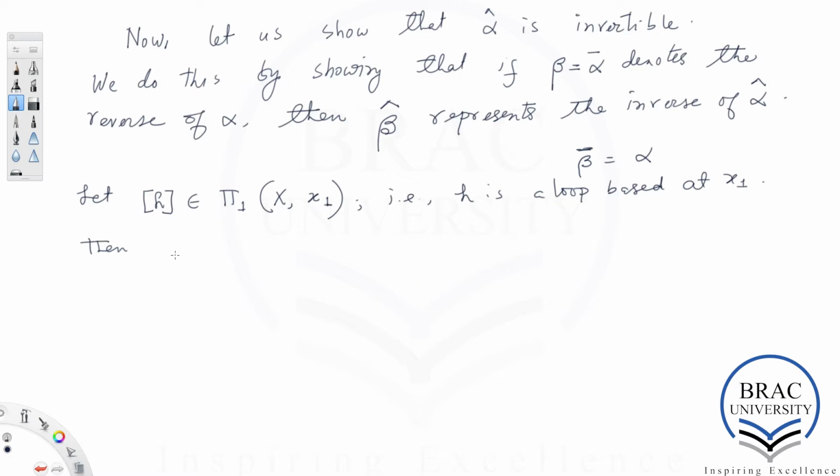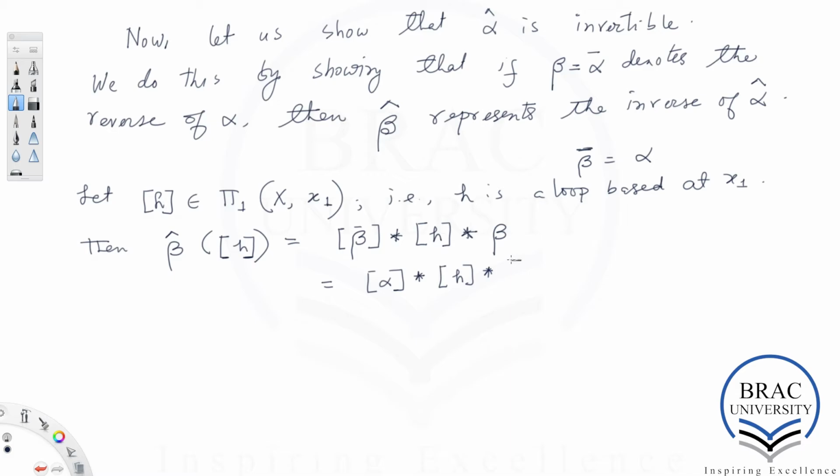Then beta hat of H is equal to beta bar star H star beta, where beta bar is the reverse of beta, which is the same as alpha star H star alpha bar.